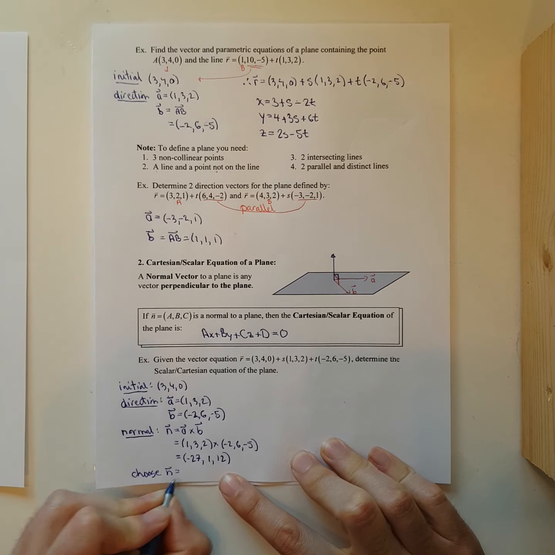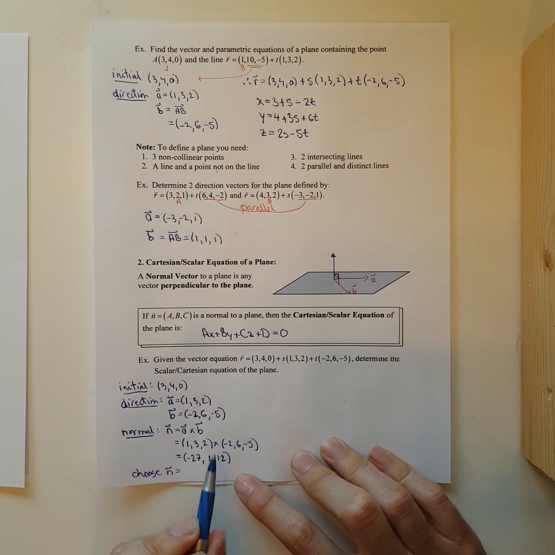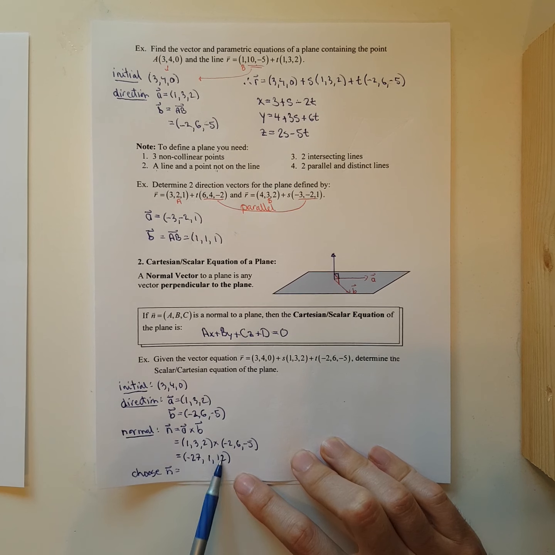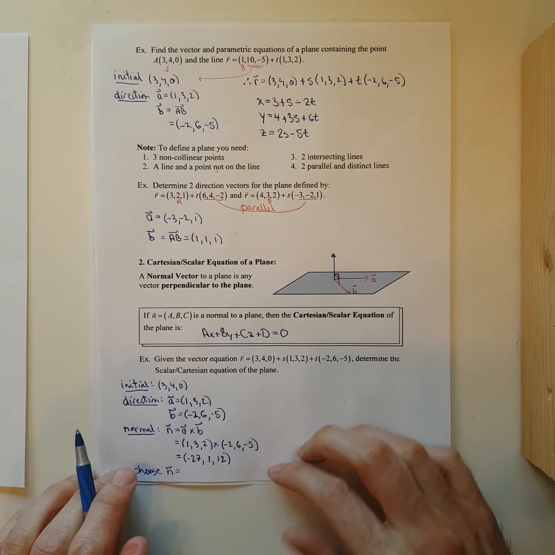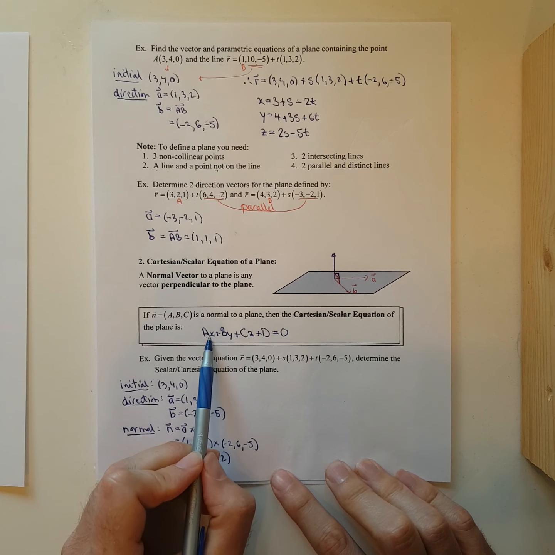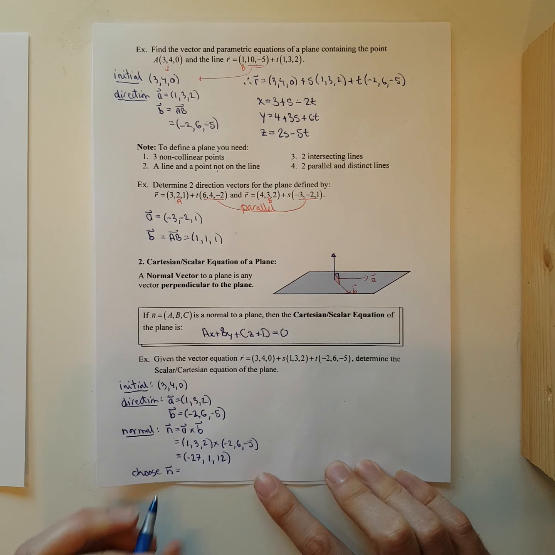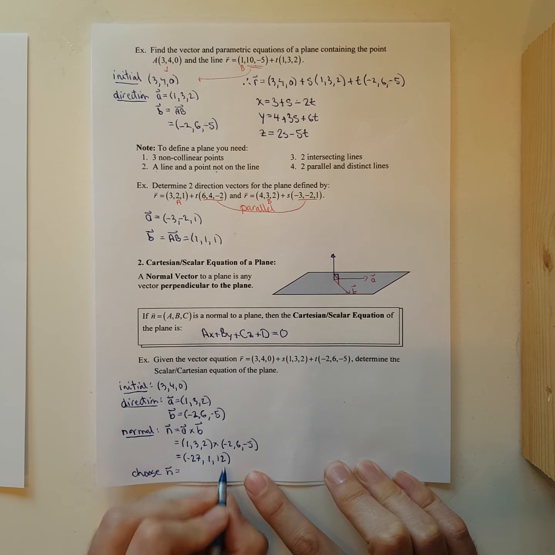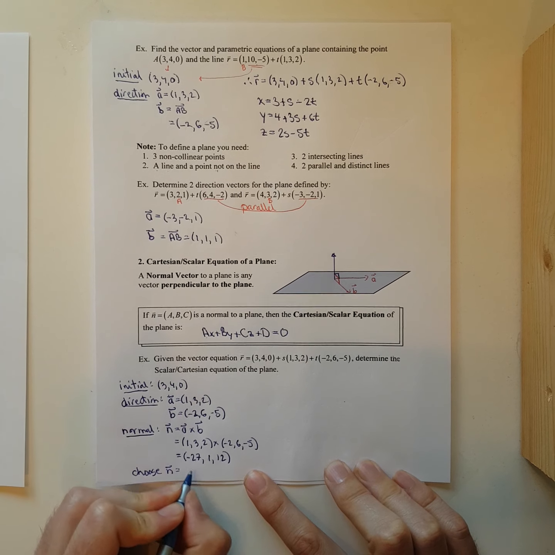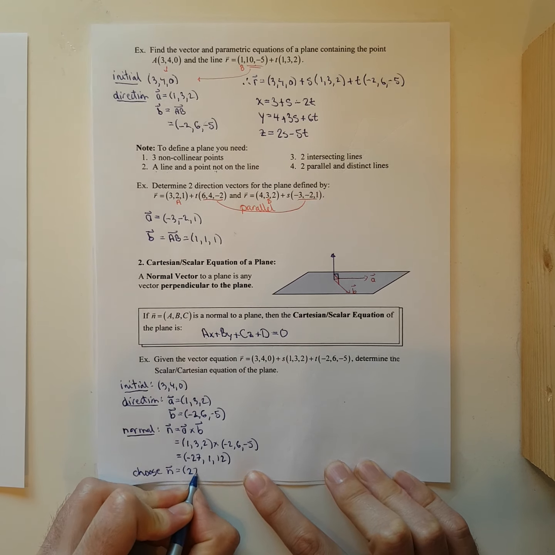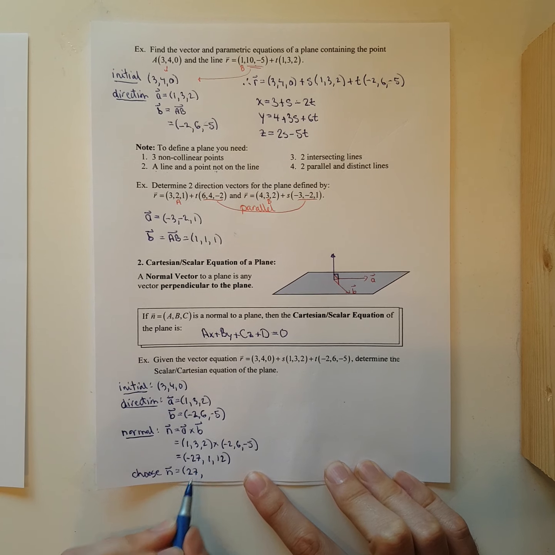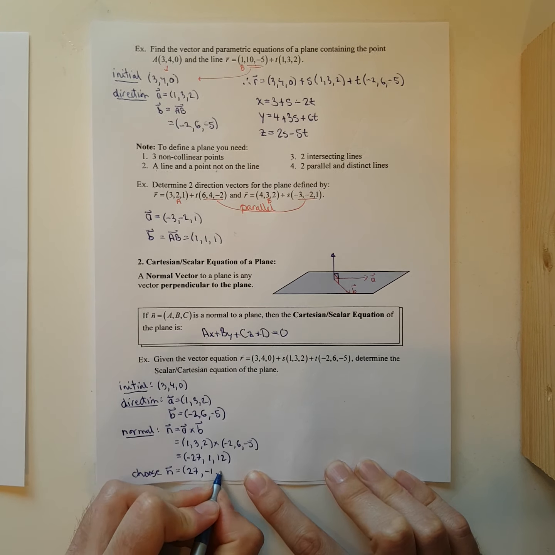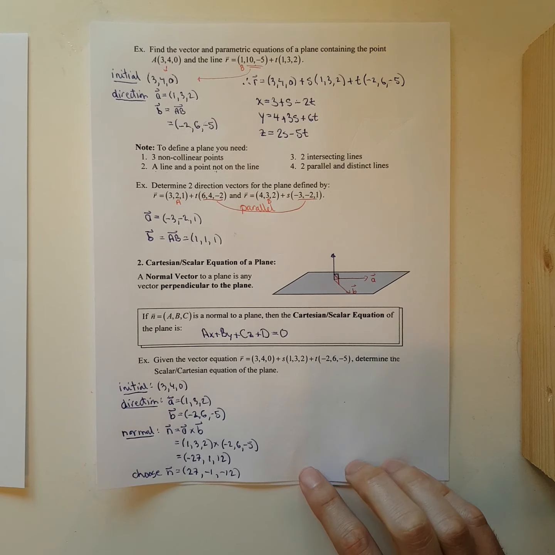We need to be a little bit careful here, because this is going to fit into our equation as our ABC. Whenever we write something in Cartesian or scalar form, we always want this first term to be positive. So I would look to reduce this if possible. This doesn't reduce, but I will change the sign. I'm going to multiply everything by -1 so that the first term is positive: (27, -1, -12).